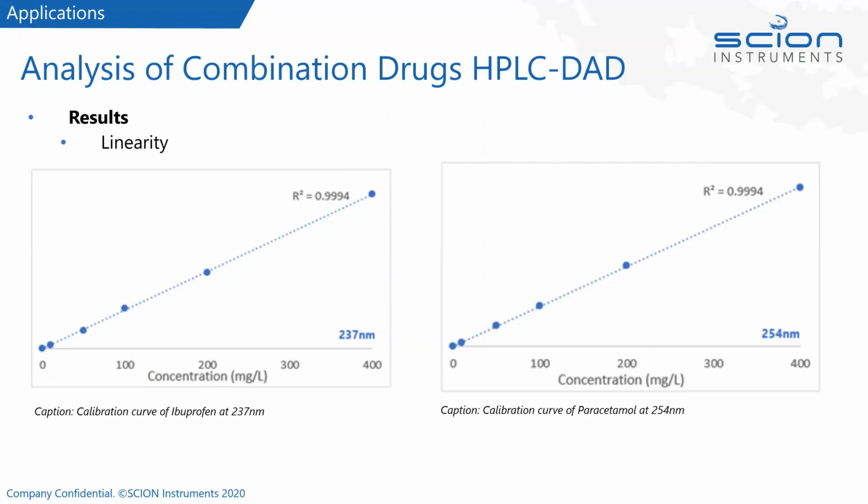So both of the target compounds give excellent linearity of 0.9994, and that is over the calibration range of 10 to 400 milligrams per litre. As you can see, we used the extracted wavelength because we know that at this wavelength, this is when the 2 different compounds absorb the most light. So this will give us the highest peak area. But again, this was done in the 1 single injection.